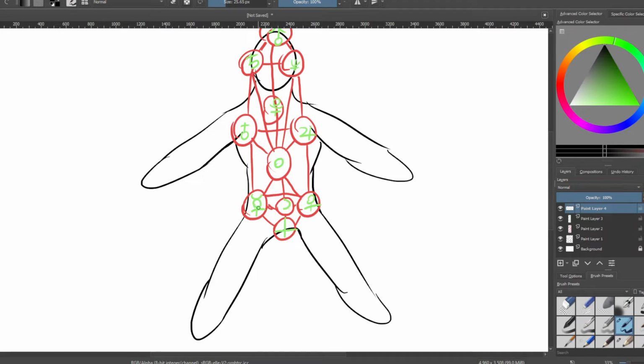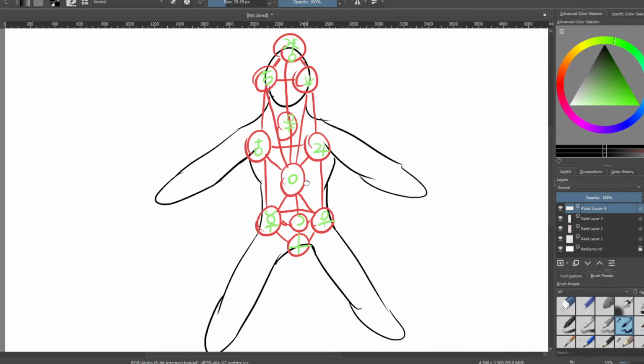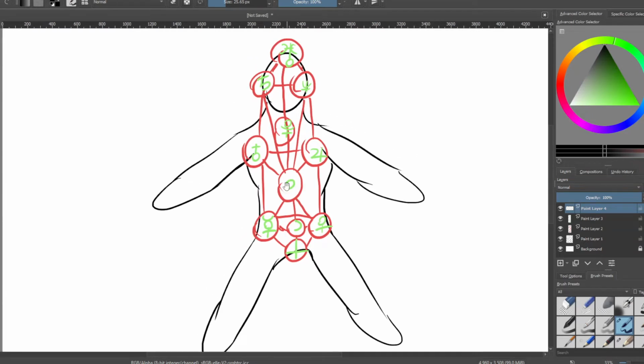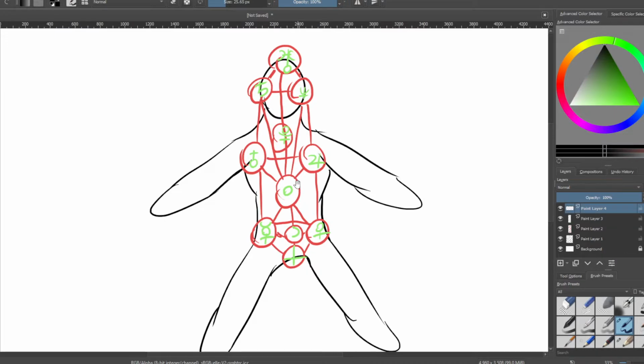Which is Mercury here on the right side and Venus on the left. I believe that's correct, though you could look that up as well. The solar center, the sun, which is Tiferet, I believe is the name. I'm a little bit rusty, to be completely honest.